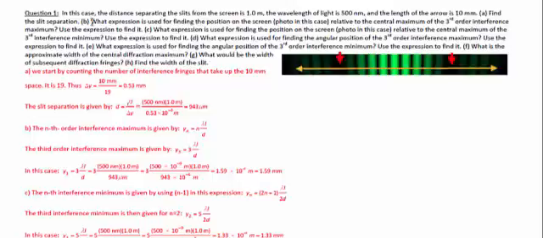Part B of the question is asking us what expression is used for finding the position on the screen relative to the central maximum of the third order interference maximum.